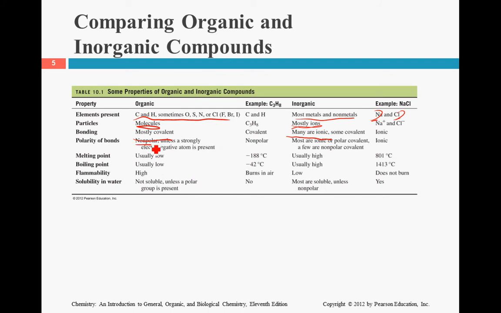Organic is nonpolar, where most of the inorganic are polar or ionic. Low melting and boiling points, high melting and boiling points. Organic compounds catch on fire very easily, whereas inorganic does not.